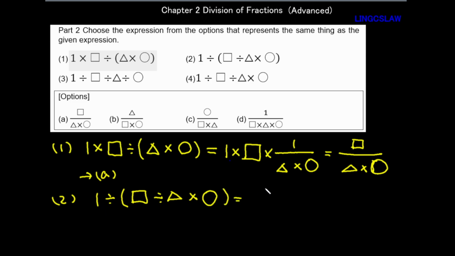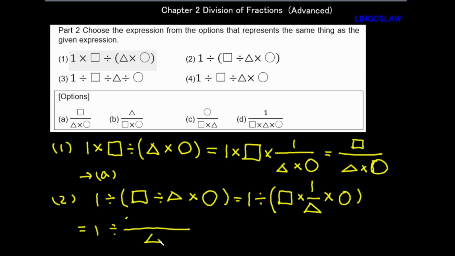First, 1 divided by, so just leave this one as it is, and parenthesis a square divided by a triangle, so just multiply the reciprocal of this one times a square equals 1 divided by, okay, the denominator is a triangle and the numerator is a square times a circle.